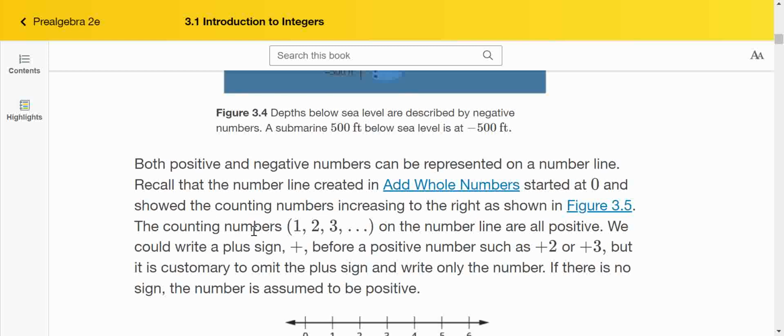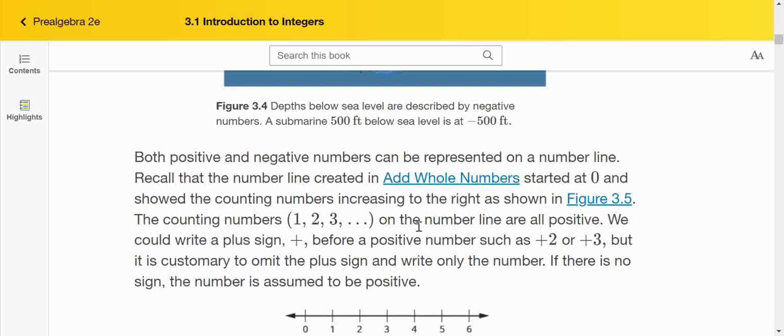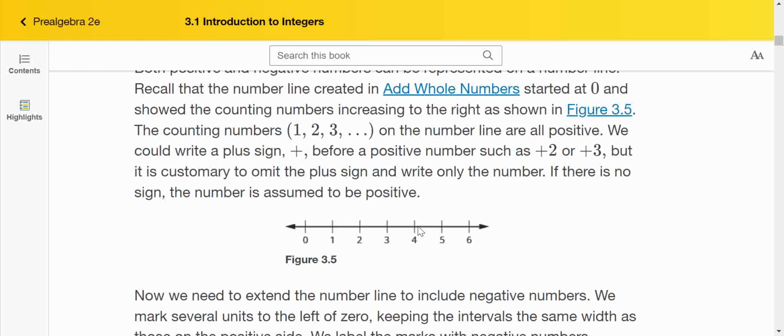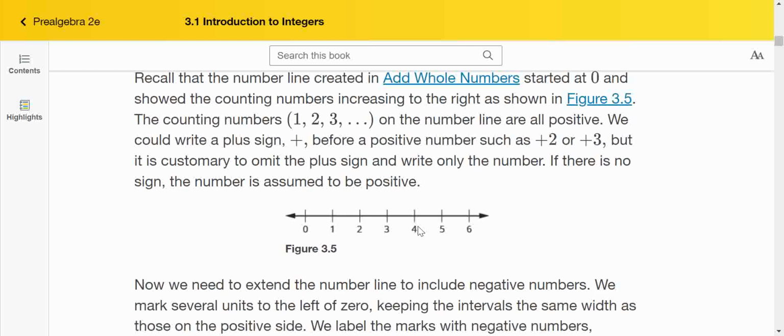The counting numbers, 1, 2, 3, and so on, on the number line are all positive. We could write a plus sign before a positive number such as +2 or +3, but it is customary to omit the plus sign and write only the number. If there is no sign, the number is assumed to be positive.